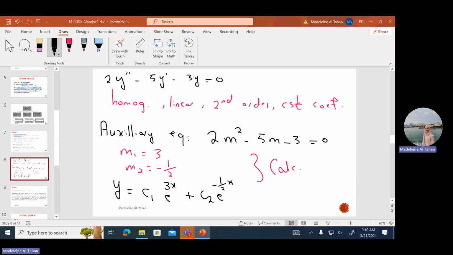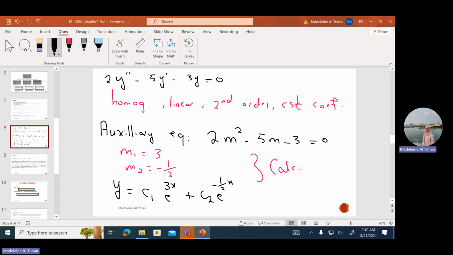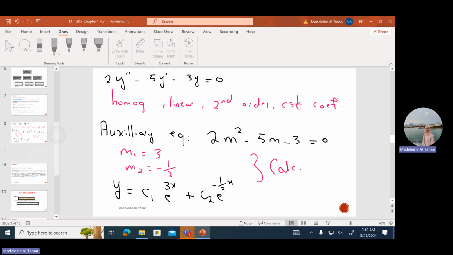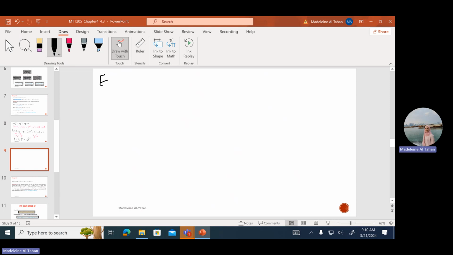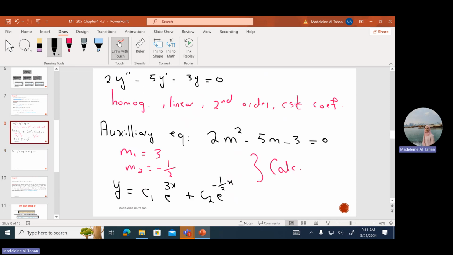Okay. Now let's do the second exercise. The second example is y double prime minus 10y prime plus 25y equals 0. Let's think about this exercise. Again, our first step might be the auxiliary equation, but under which substitution do we get the auxiliary equation?